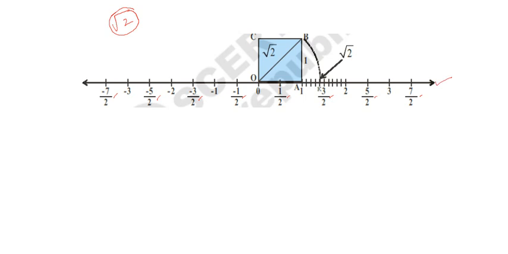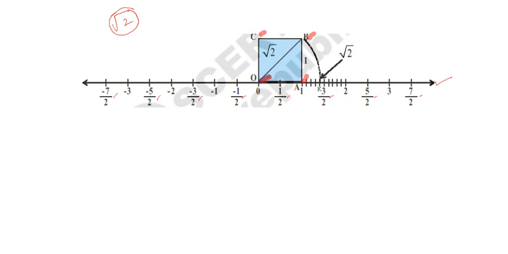On this number line, here at 0, draw a unit square, that is OABC. Here at 0, we draw a square with side 1.